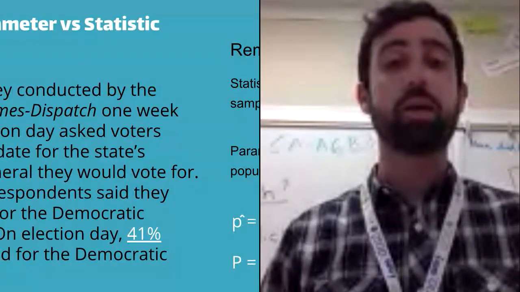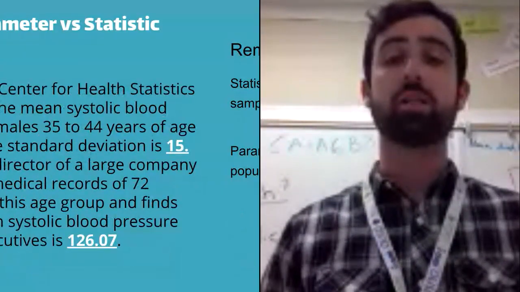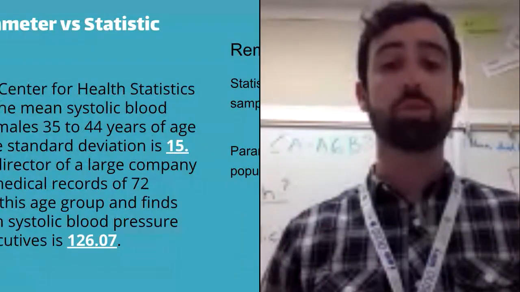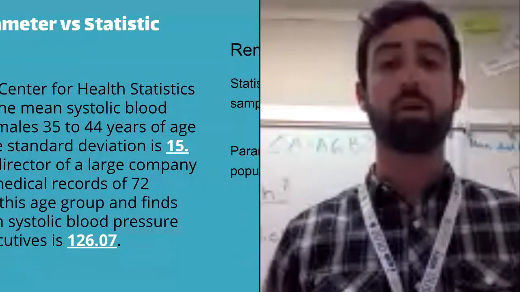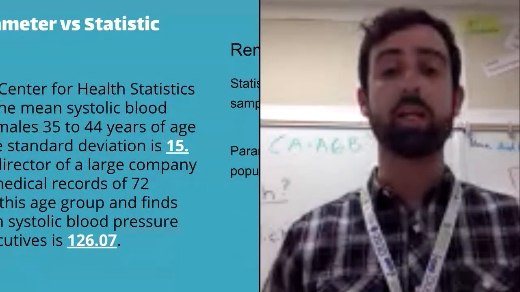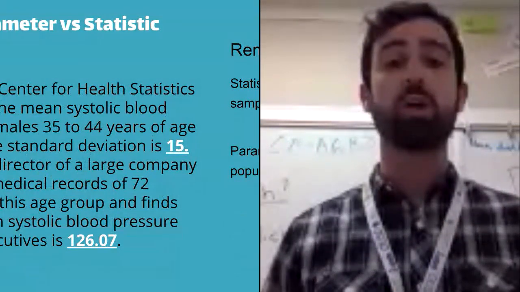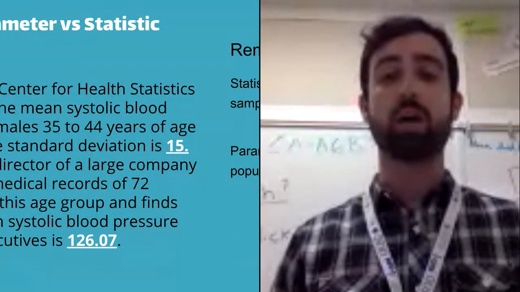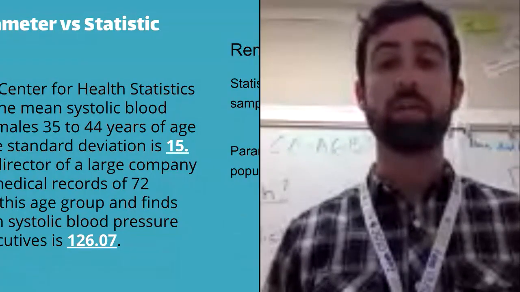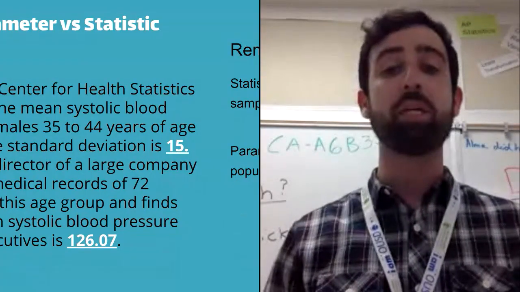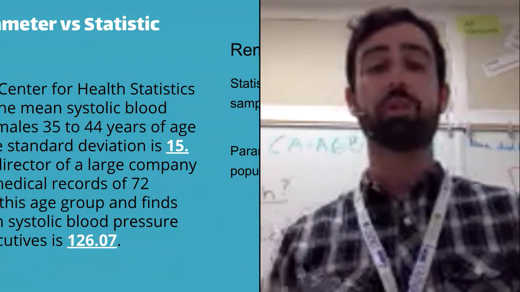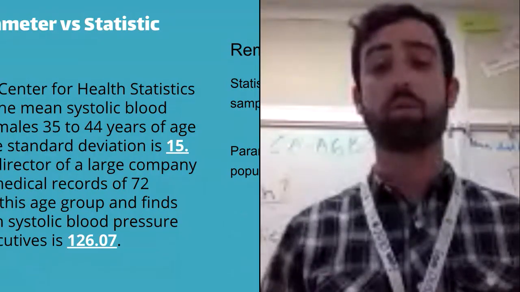The National Center for Health Statistics reports that the mean systolic blood pressure for males between 35 and 44 age is 128, and the standard deviation is 15. The medical director of a large company looks at the medical records of 72 executives in this age group and finds that the mean systolic blood pressure for these executives is 126.07.